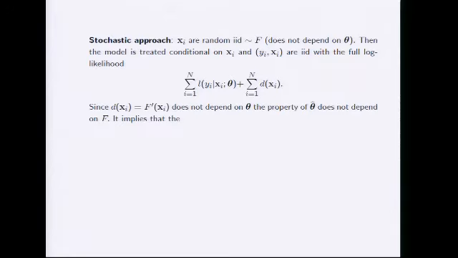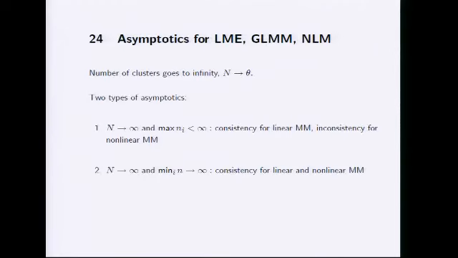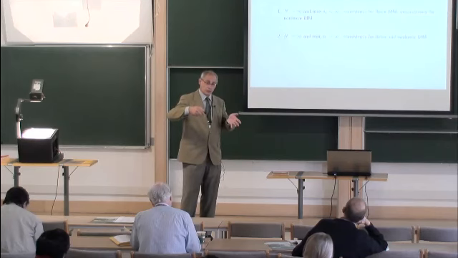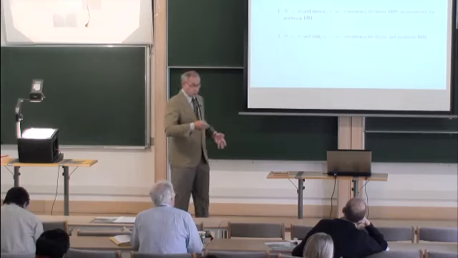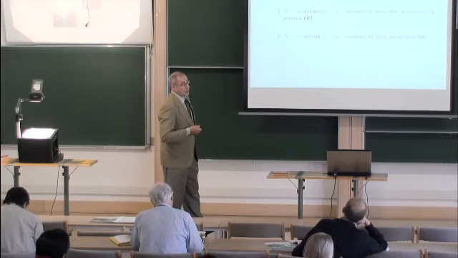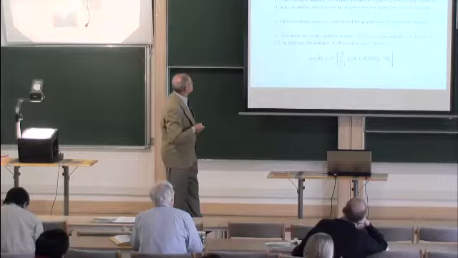This theory can be derived using the IID case. Remember, in mixed models we have two types of asymptotics. We may increase the number of clusters to infinity, or you can increase the number of observations within the cluster, and these asymptotics are different. So always remember that we can go in different directions.